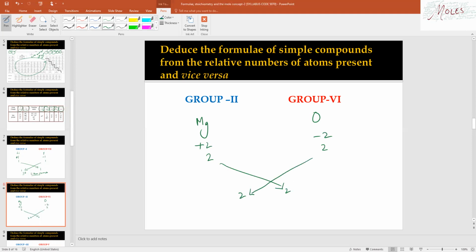You see, both of these numbers are the same, and we'll divide 2 by 2. We'll get the 1 to 1 ratio. The final formula would be MgO. The name is magnesium oxide.